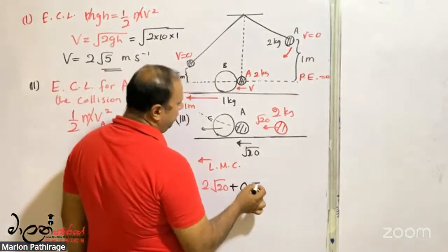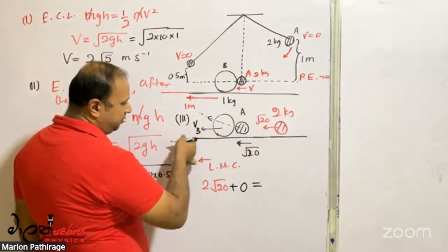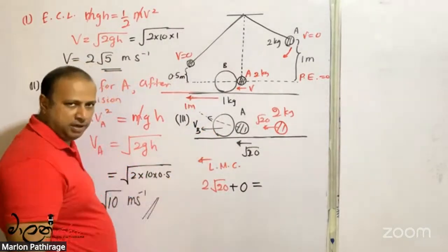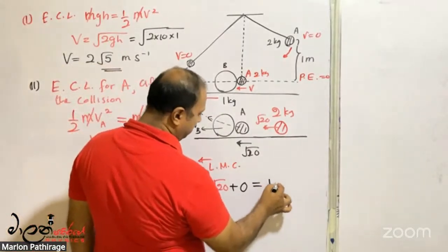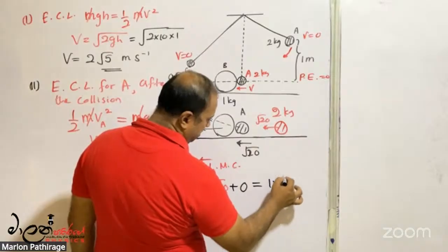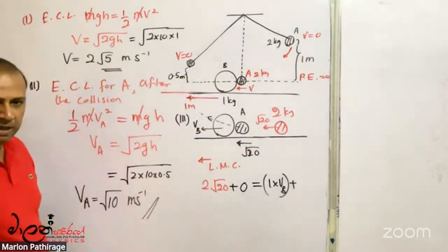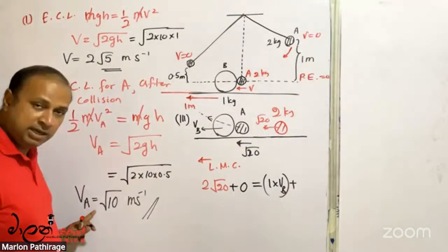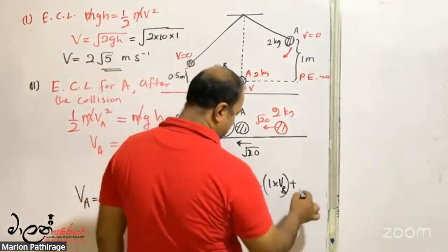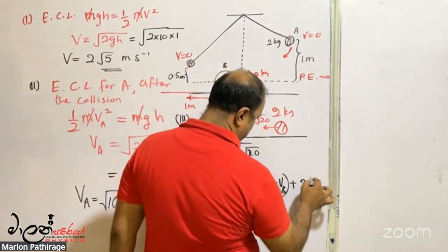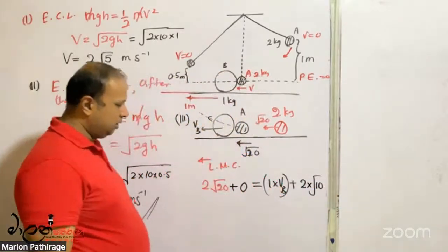Then after the collision, this object will move at a speed of VB, that means 1 into VB, plus A will move at a speed of VA, which is √10, so 2 into √10.